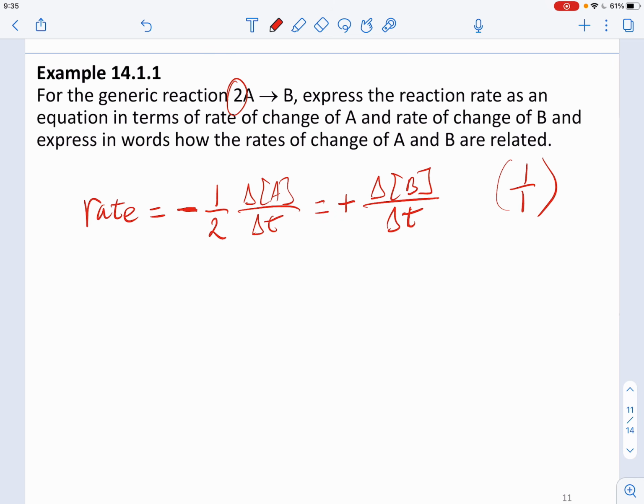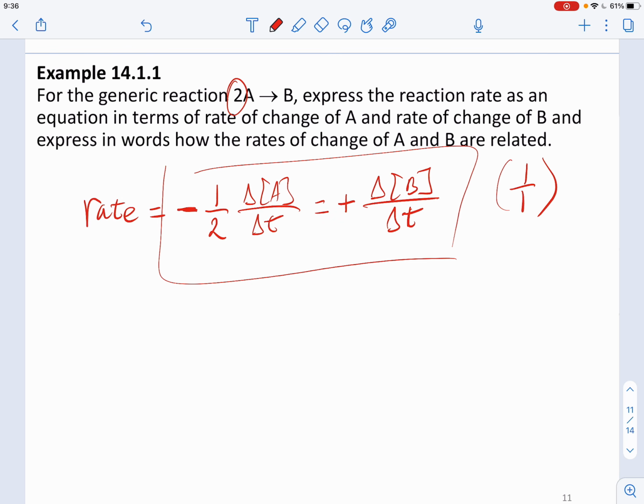Now, the next question is kind of important. What I want to say is, what if you want to express the reaction rate of one particular substance in terms of the other one?